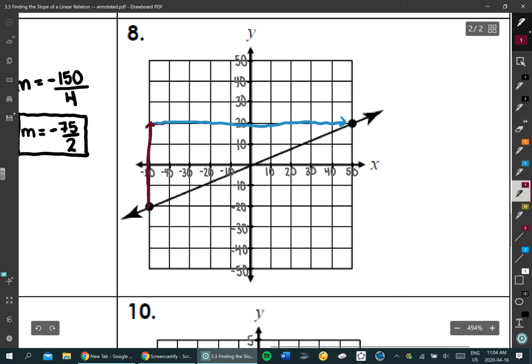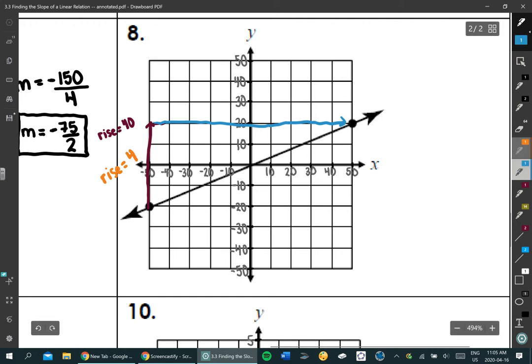Technically, my rise is 40, because I went up from -20 to +20. But let's see if just counting squares will work. So let's see if instead I put rise equals 4.